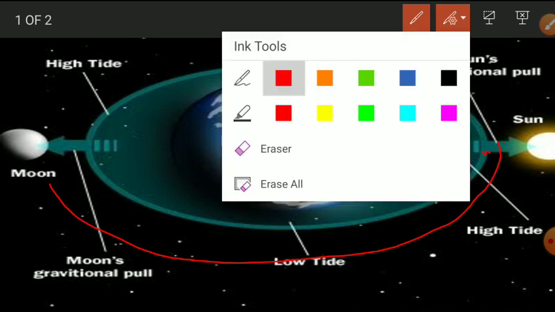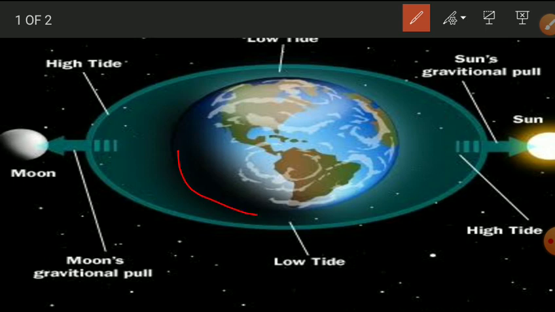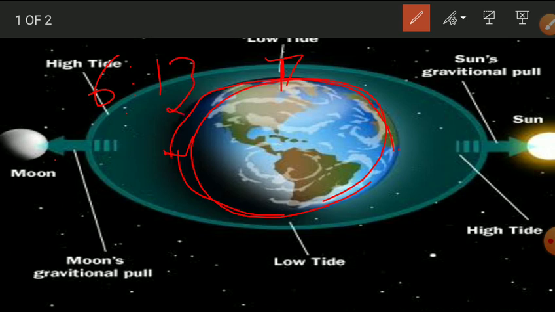As the earth is rotating, from here to here, when this place comes here, it will take 12 hours. But in between that, if 12 hours is divided by 2, it is 6 hours, and it is written 6 hours and 13 minutes, the difference between each quarter. Every quarter we see a high tide, then a low tide, again next quarter a high tide, and here again a low tide.